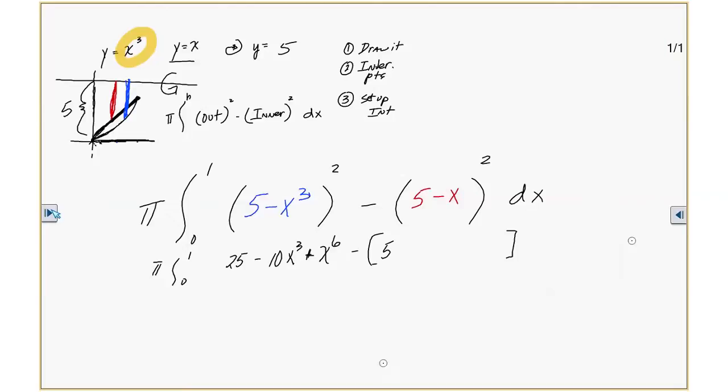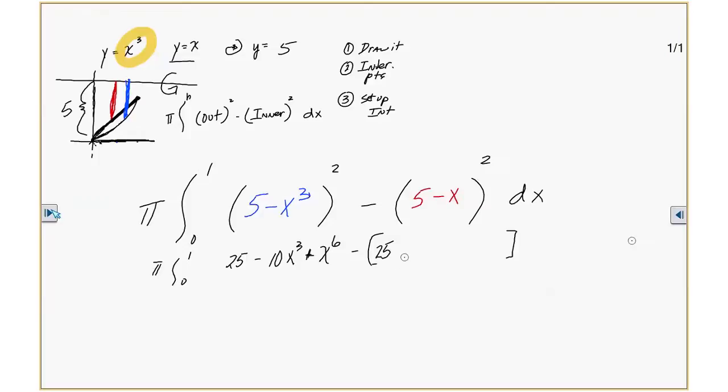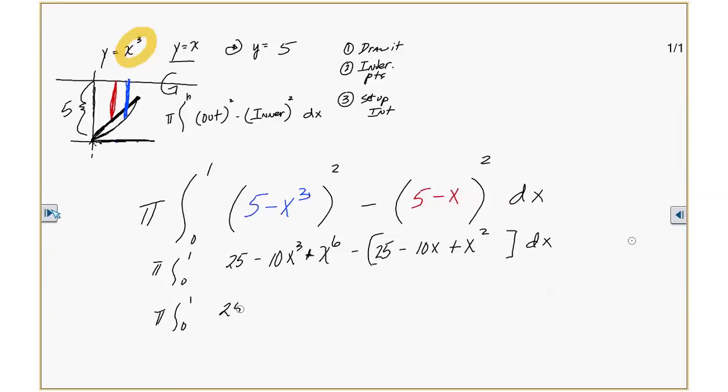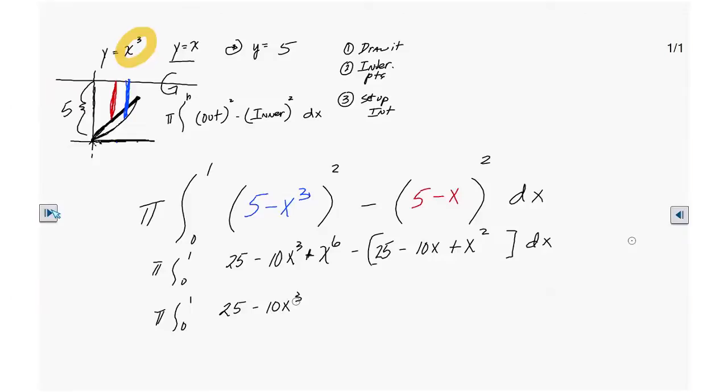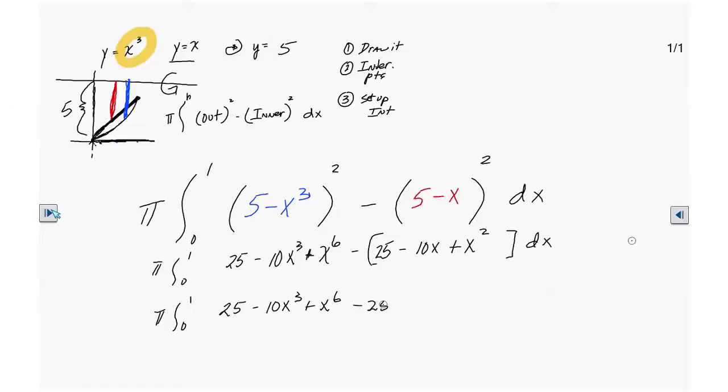You're dyslexic. 5, that's 25 minus 10x plus x squared. So that's going to be pi, 0 to 1, 25 minus 10x cubed plus x to the 6th minus 25 plus 10x minus x squared.